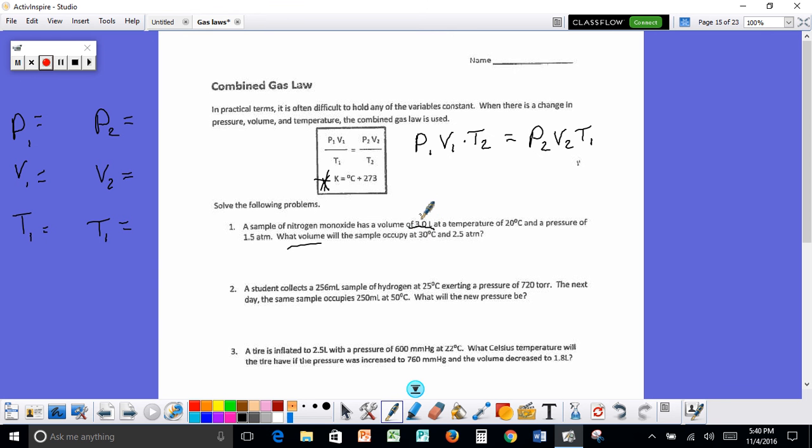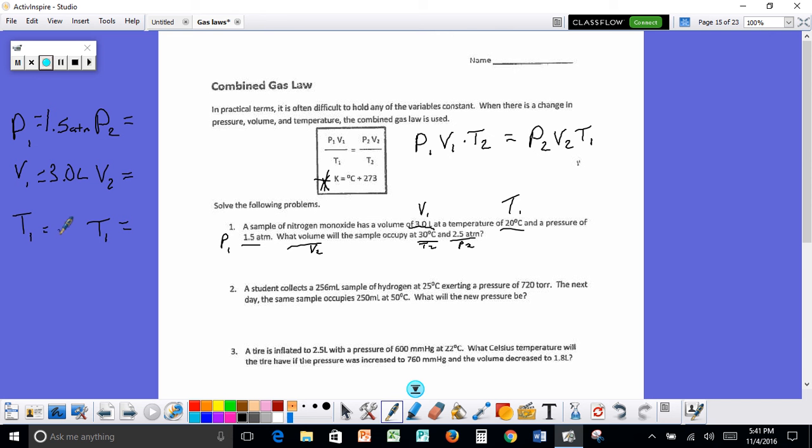So just going through here real quick, we have a V1, T1, P1, this is V2, this is T2, and this is P2. So let's go ahead and write it over here. So pressure 1 is 1.5 atm. V1 is 3.0 liters.